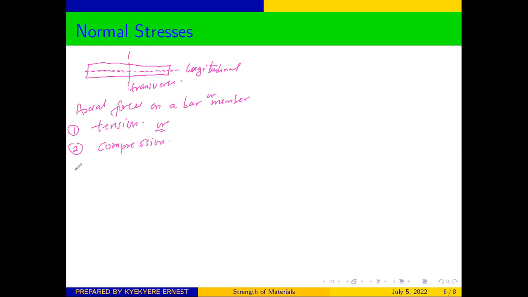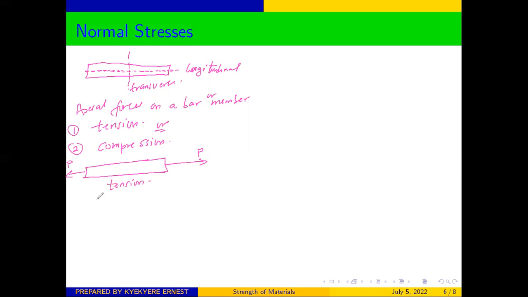Now, when axial forces are acting in tension, then it means that we have our diagram like this. They are acting in the longitudinal section. So in tension, we have our loads or our forces like that. Anytime we have this kind of loading, we say that the forces are in tension.